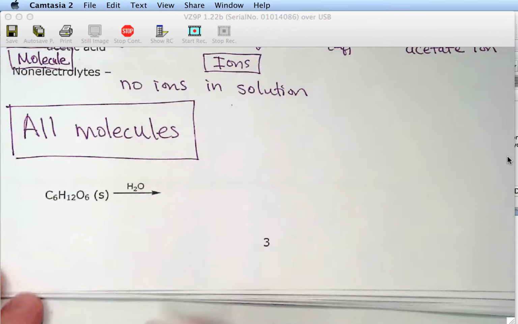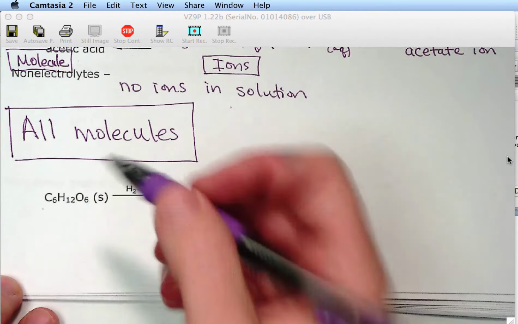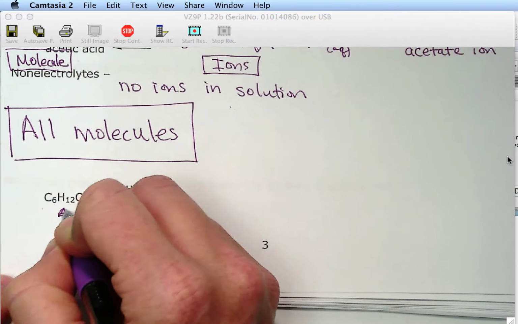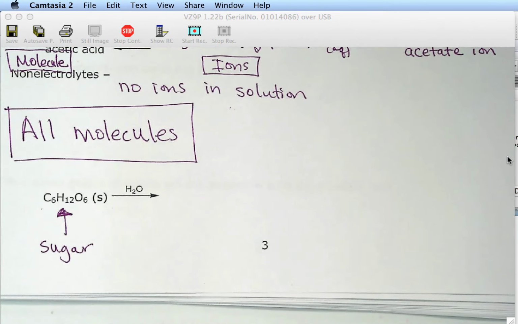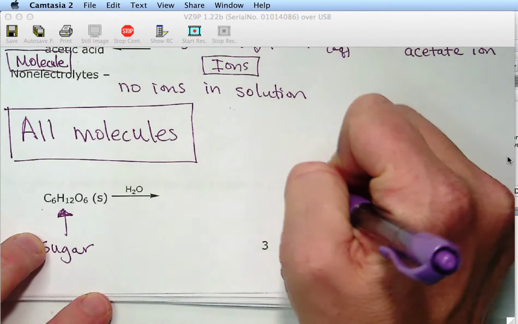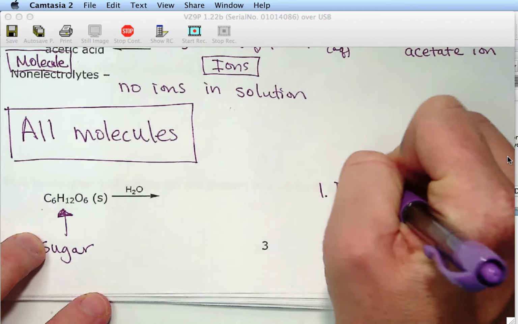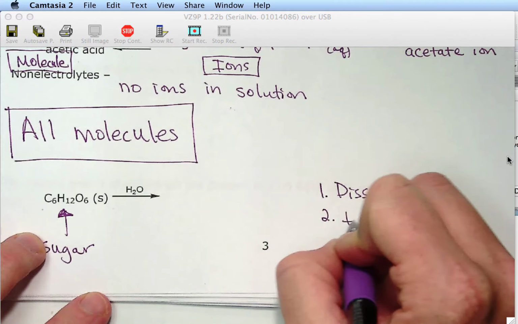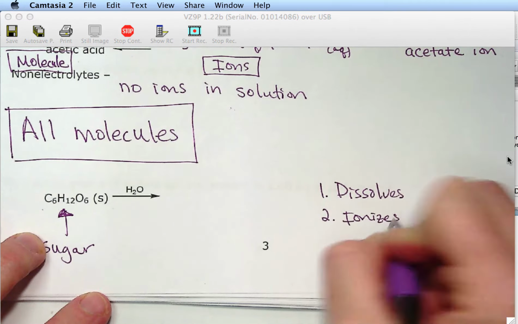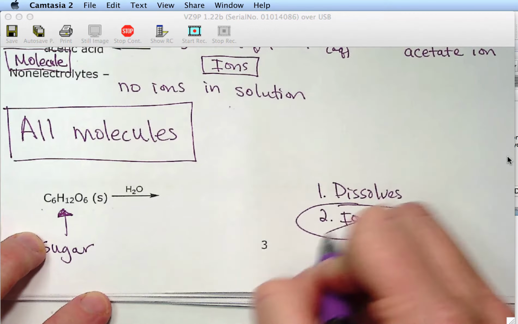So here's what we have. This is sugar. Sugar is not an ionic compound. But what do you know about sugar when you put it in water? It dissolves, but it does not ionize.